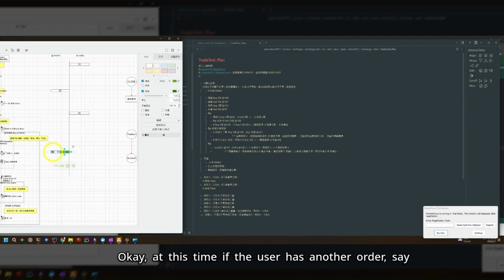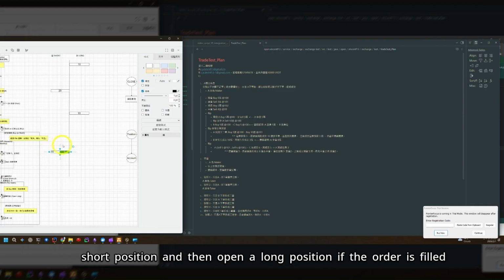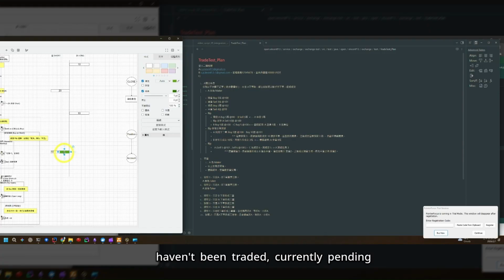Okay, at this time, if the user has another order, say, if he places an order to buy 15 lots, for example, it will first close the short position and then open a long position if the order is filled.